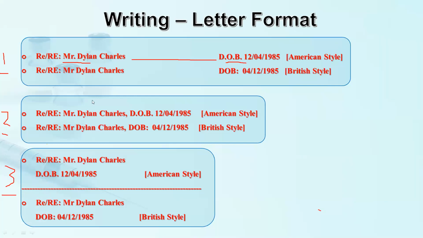Okay. The first option, to leave long space between the name of the patient and date of birth, or put a comma with 1 space, or write the name of the patient and just under it you can write the date of birth or the age.